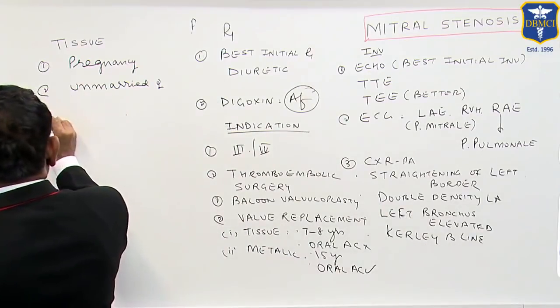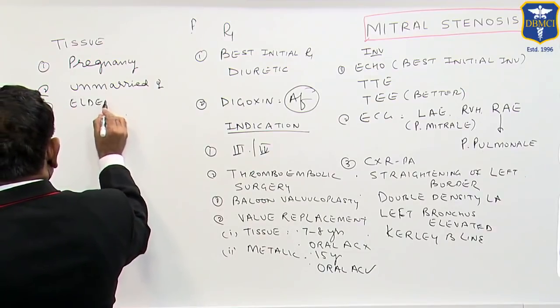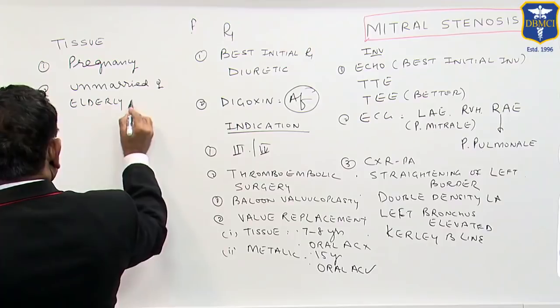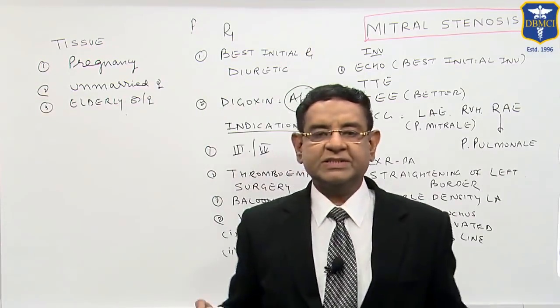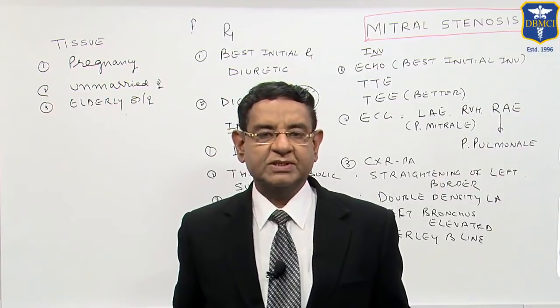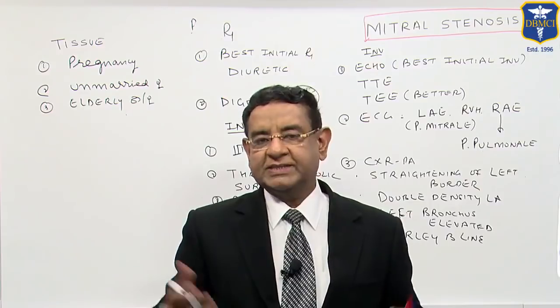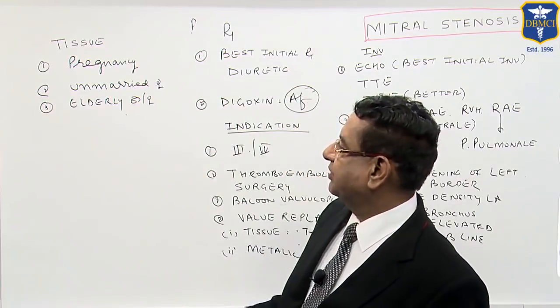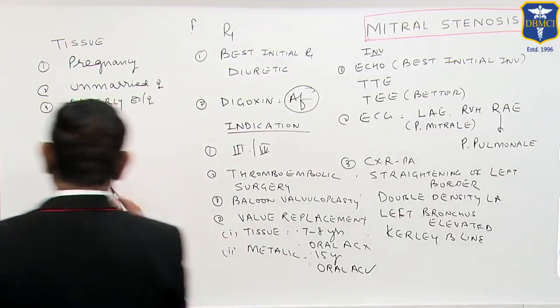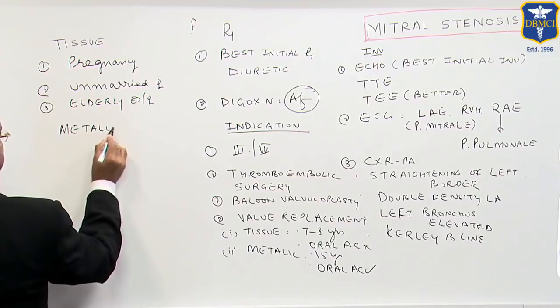The third indication is we use a tissue valve in the elderly, male or female. Suppose we get a patient around 60-70 years who comes with mitral stenosis. In elderly people, we never want to give oral anticoagulant because they already have a lot of problems. So there are three conditions where we use a tissue valve. Now, the metallic valve.